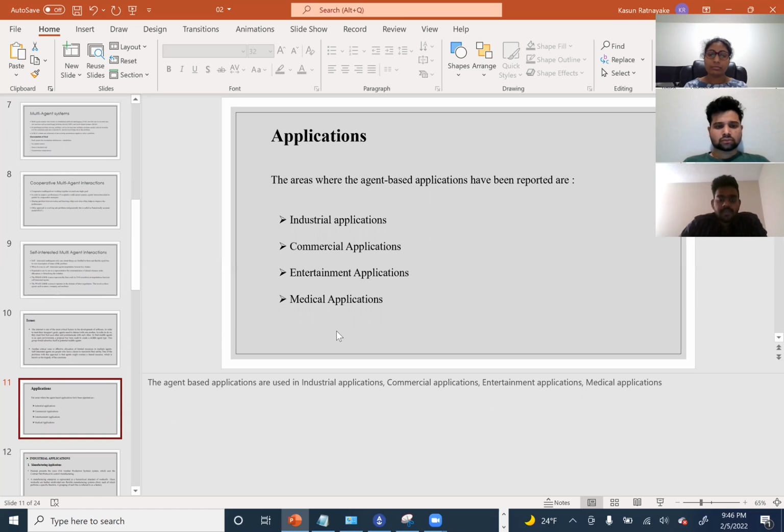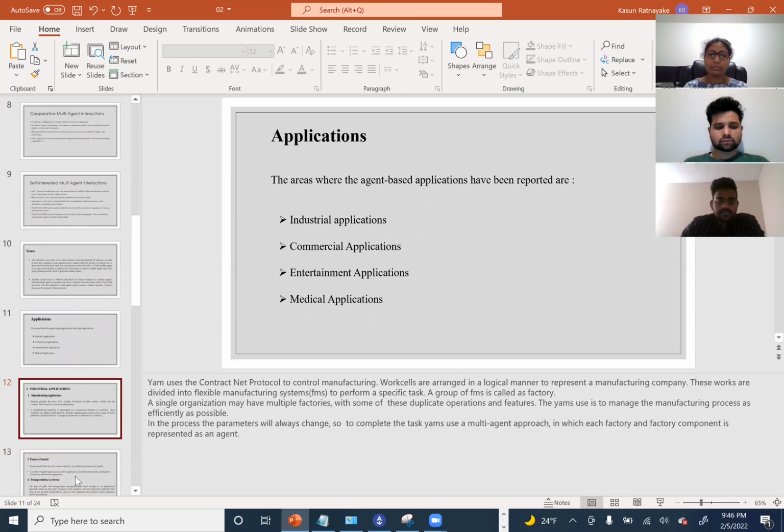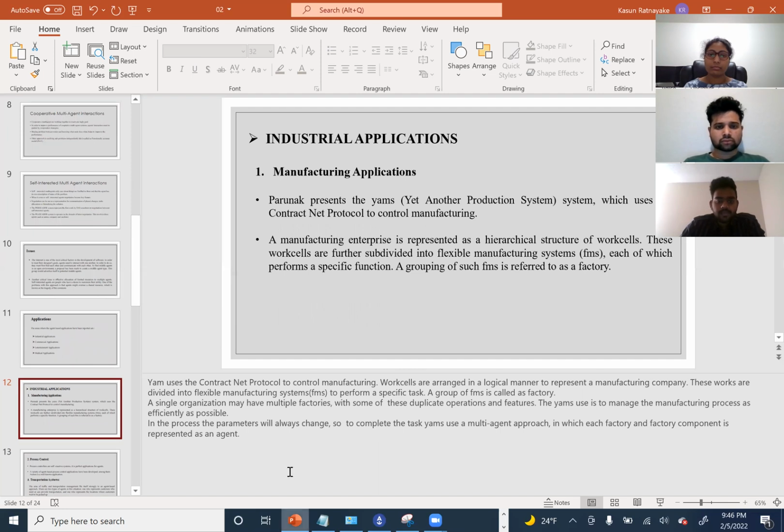And coming to the applications, agent-based applications are used in industrial applications, commercial applications, entertainment applications, and medical applications. In manufacturing applications, YAMS, which means Yet Another Manufacturing System, uses the contract net protocol to control manufacturing.